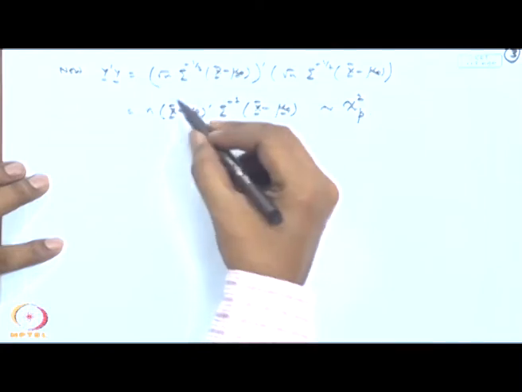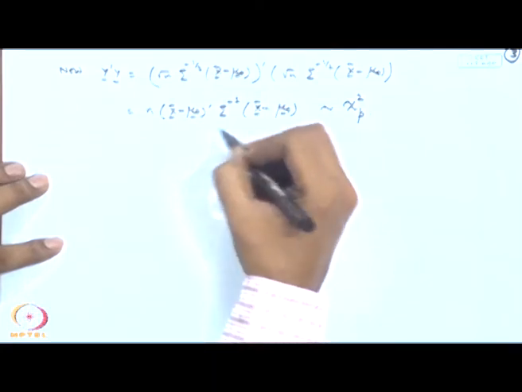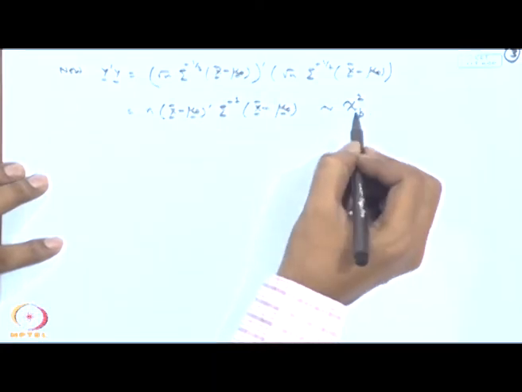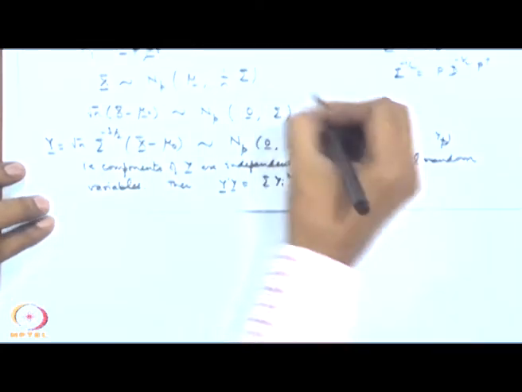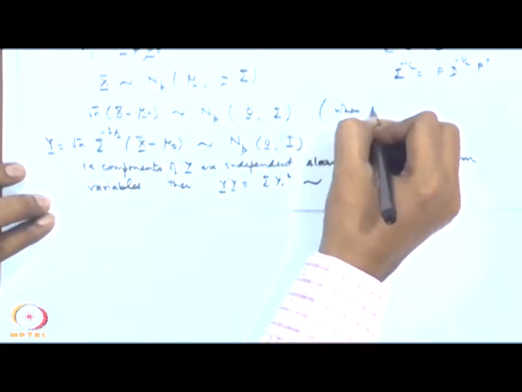So, now based on this we can consider the test for mu is equal to mu naught. When mu is equal to mu naught, we have this distribution.